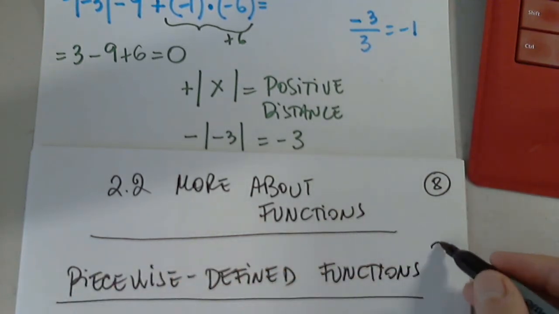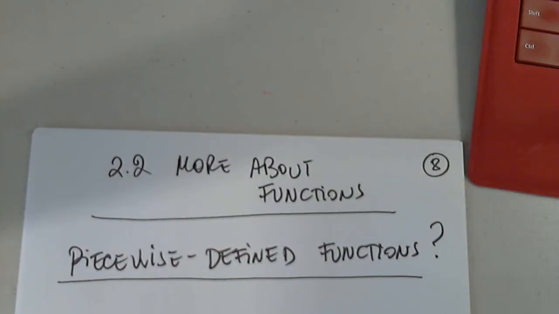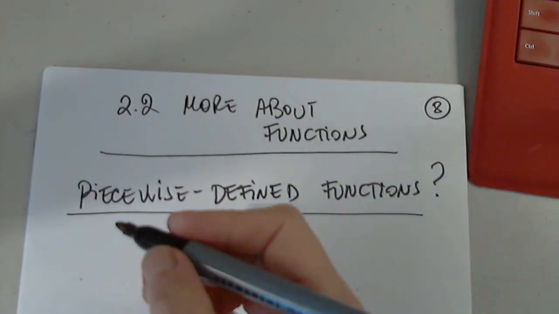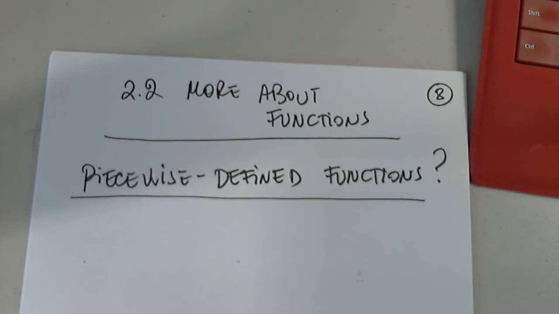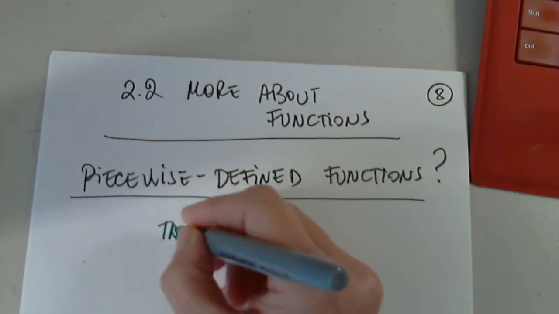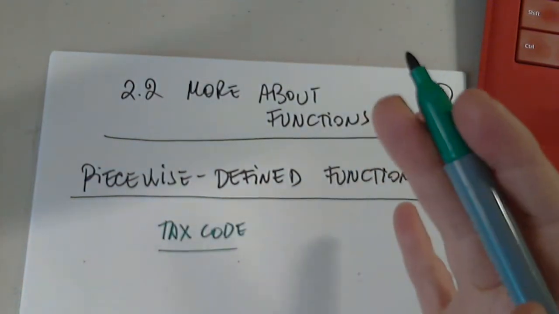And you can say, what is this? It's a function defined in pieces. Here's an example. I don't know much about it, I do my taxes with TurboTax, so I don't know much about the basic code and where the percentages change, but the tax code is a piecewise defined function. I'm just making up numbers now.